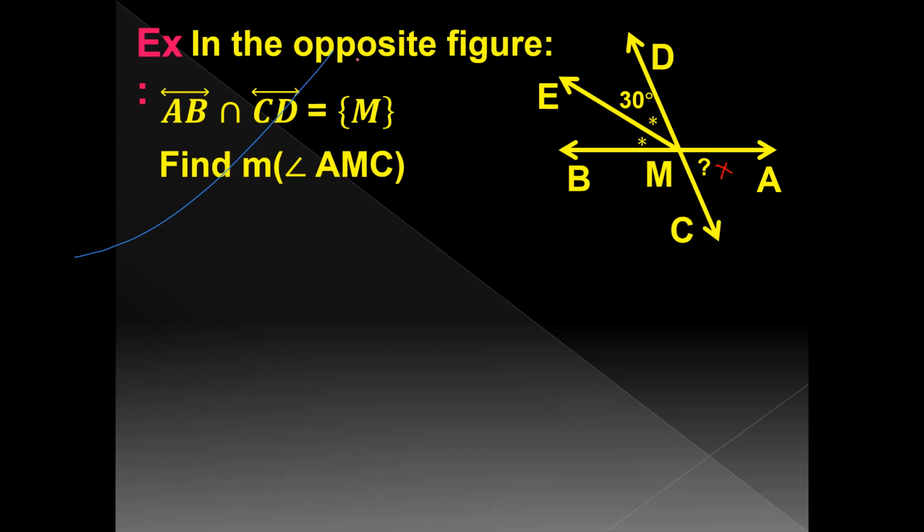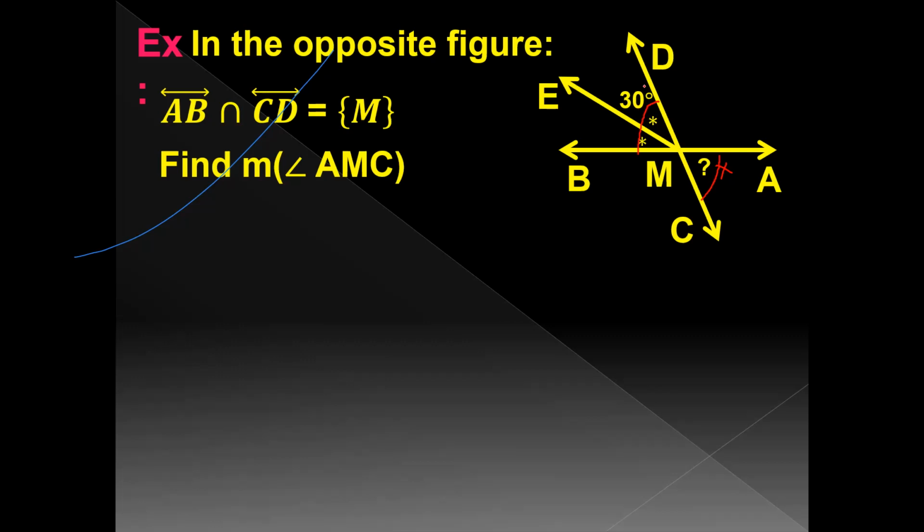As we see, we have two vertically opposite angles, and the measure is equal. Where are the vertically opposite angles? Angle AMC and angle DMB. AB intersects CD, so angle DMB equals angle AMC, vertically opposite angles.